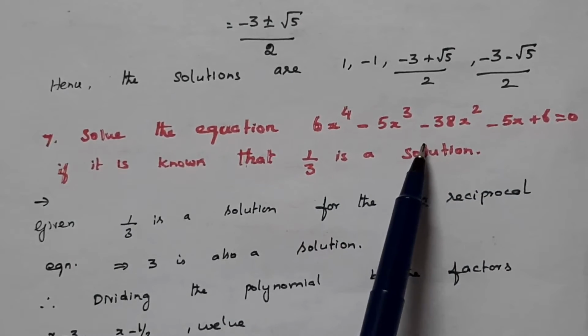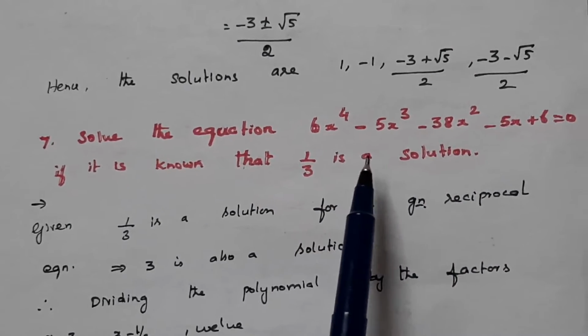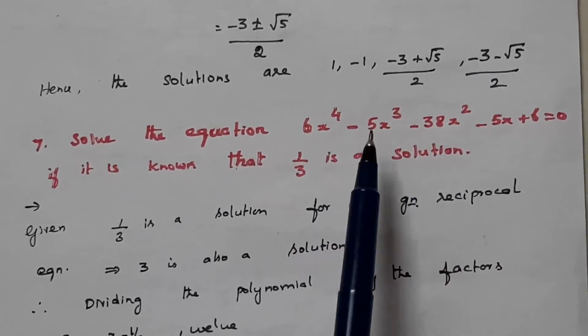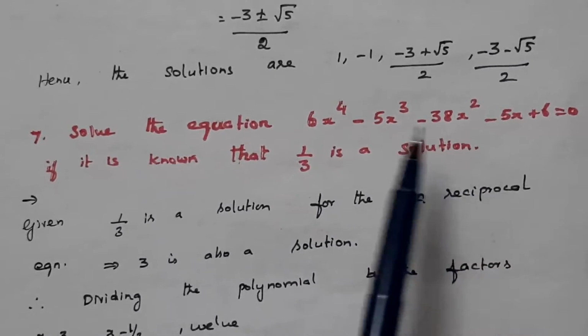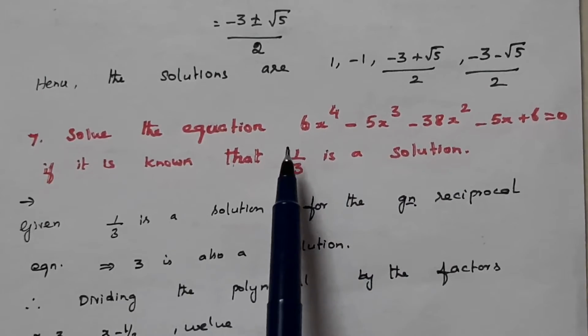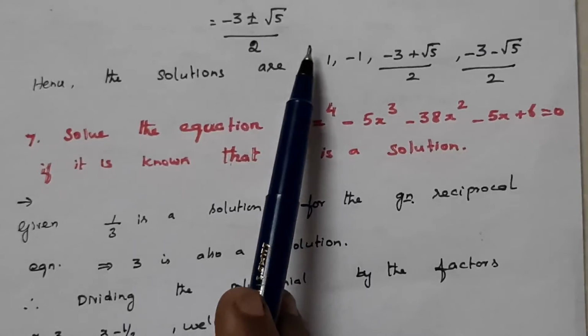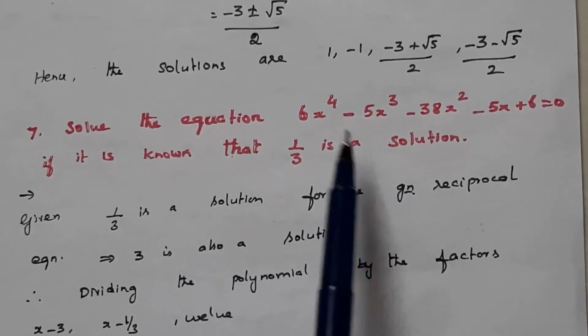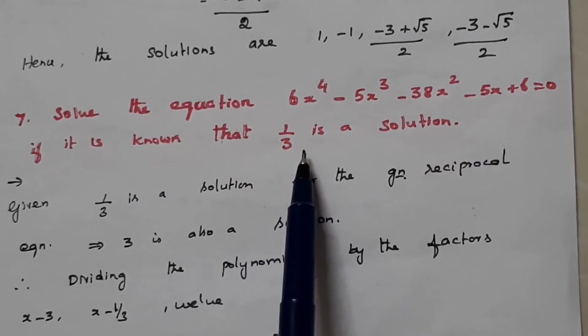But for type 1, we know that according to the result, plus 1 and minus 1 will not be solutions. So we cannot use that condition to divide it. If it is of type 2, we can easily divide by plus 1 and minus 1 and reduce the equation as in the previous example. But it is of type 1, and it has been given that 1 by 3 is a solution.